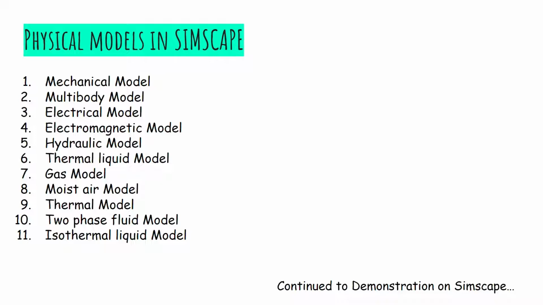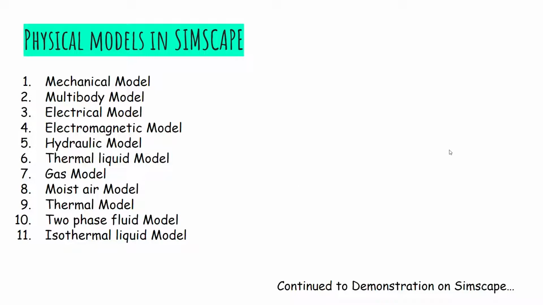Simscape has more than 10 physical domains, which include mechanical, multi-body, electrical, electromagnetic, hydraulic, thermal liquid, gas, moist air, thermal, two-phase fluid, and isothermal liquid.